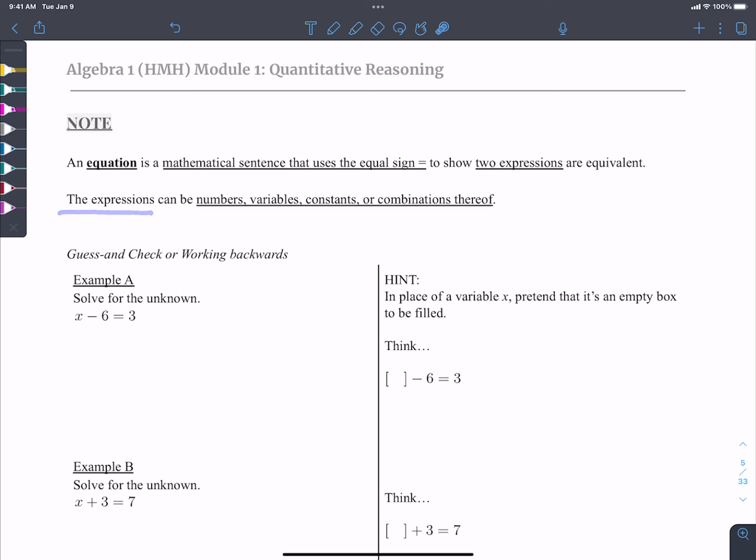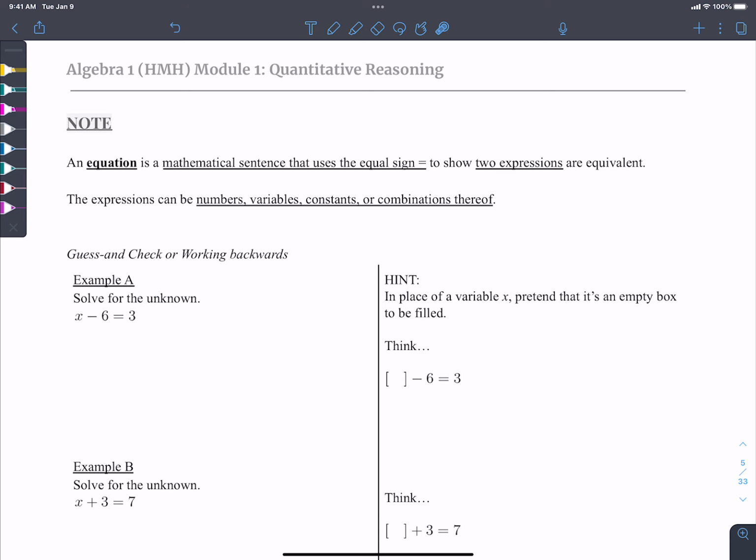Expressions can be numbers, variables, constants, or combinations thereof. So the thing that you see on the left and the right is called an expression, and that could be made of a combination of numbers, variables, constants, or just by itself, for example, 3.